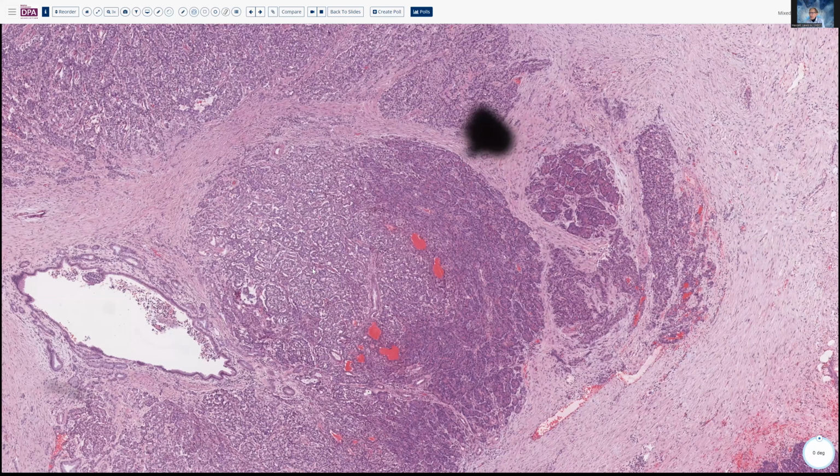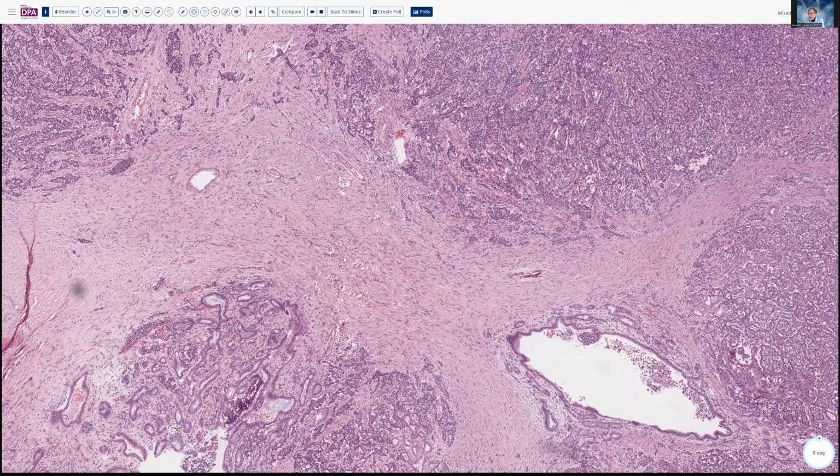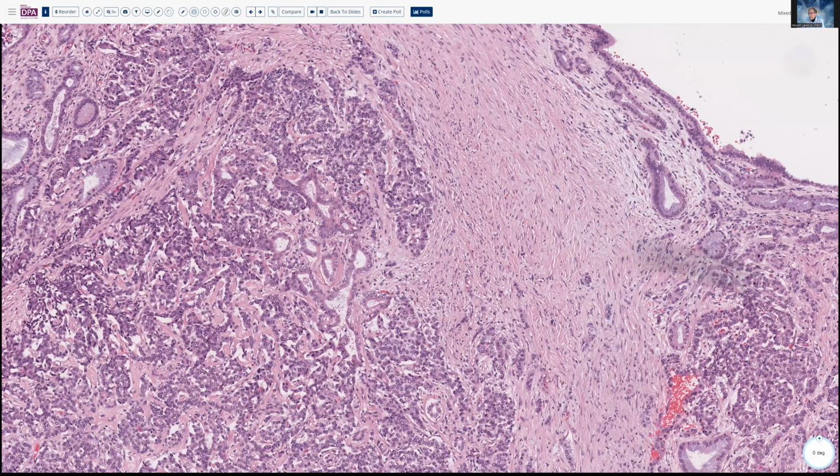So the other possibility then is that this is some sort of a mixed neoplasm composed of what appear to be neuroendocrine elements, as you see here, and the glandular elements that we've identified in these other areas. Now, of note here, we can see that this duct is certainly partly involved by the neuroendocrine tumor, but maybe also by a component of the glandular element.